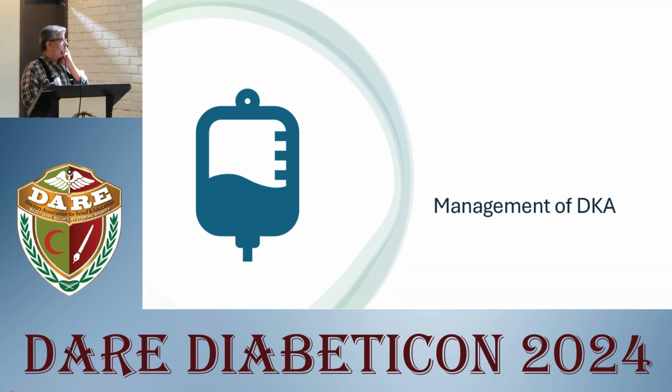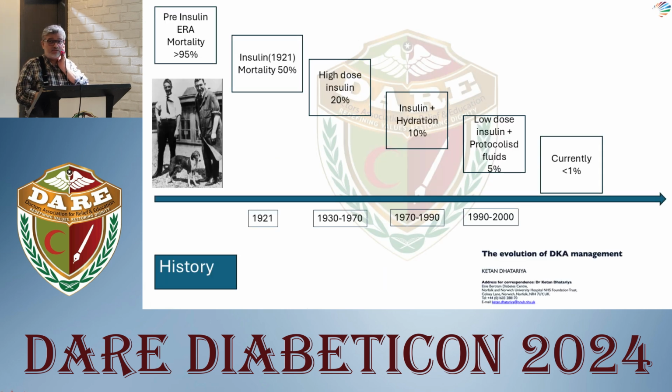Now, how to manage? Before 1921, when insulin was not discovered, the mortality of DKA was almost 100%, more than 95%. Then insulin was discovered in 1921, as we know, and the mortality came down by 50%. And then the high dose insulin regime reduced the mortality further.